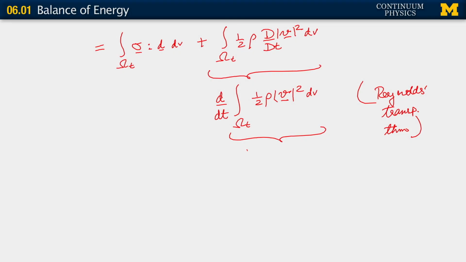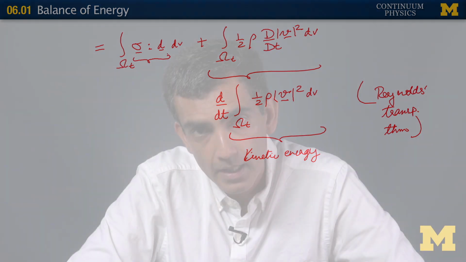Integrated over the volume, it gives us the total kinetic energy. Okay? This term here is an interesting one. What it is doing is to give us the stress acting on a rate of deformation, right? This is the so-called stress power.